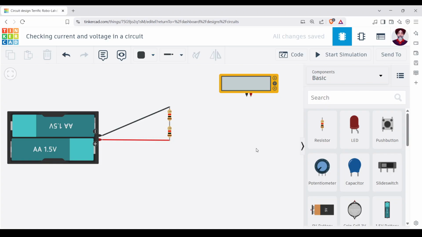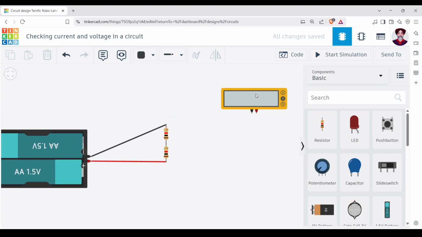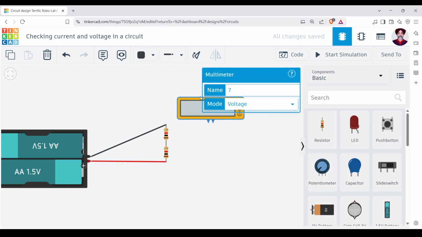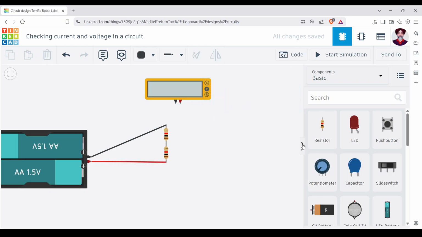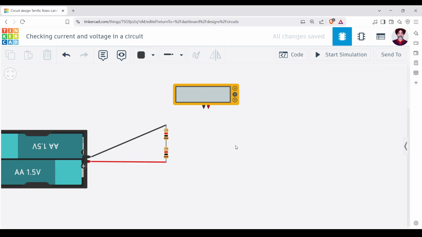Okay, and let's see how we will find the voltage in a circuit. To find voltage in a circuit, you will always connect the two terminals of the multimeter in parallel with the circuit.